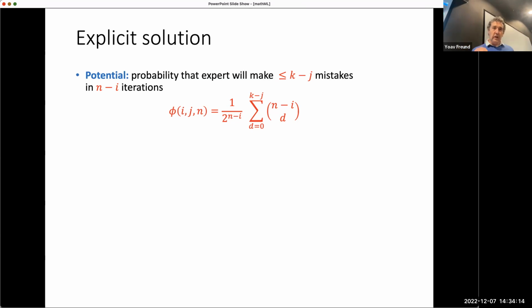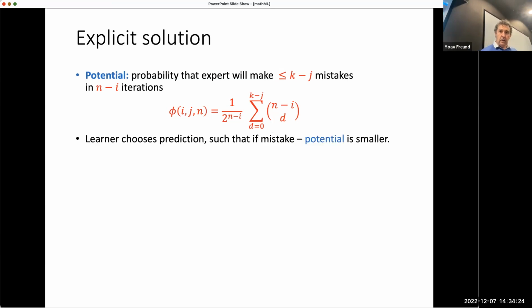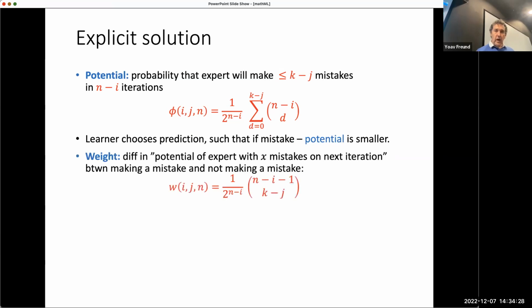But for this particular game, this is the potential. It's the tail of the binomial distribution, and the learner chooses the prediction that is smaller. And the weight is simply the difference between neighboring potentials, which turns out to be just a single term. So it's a very simple thing, which is why we call this algorithm binomial weights.